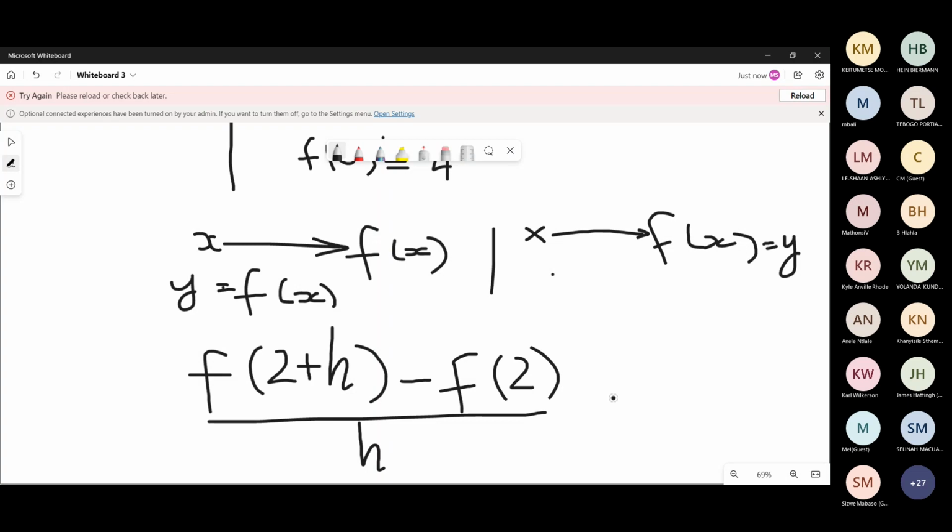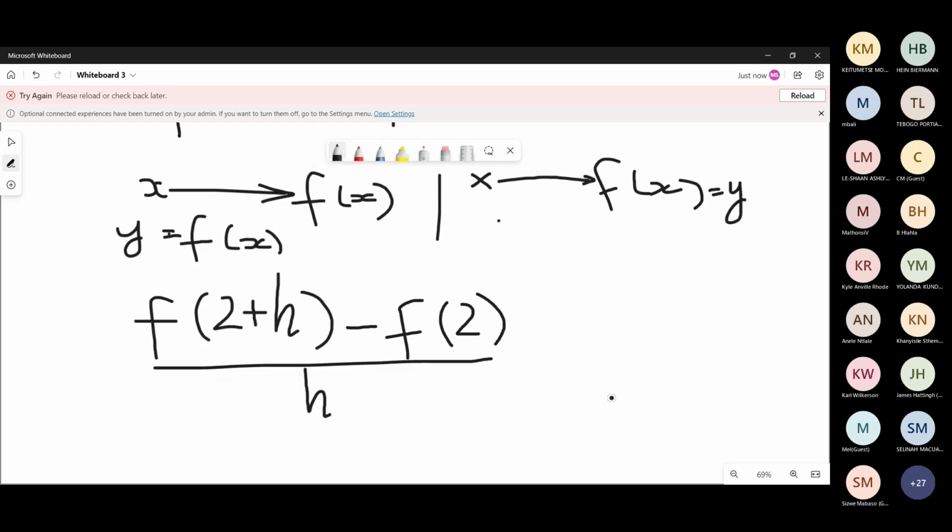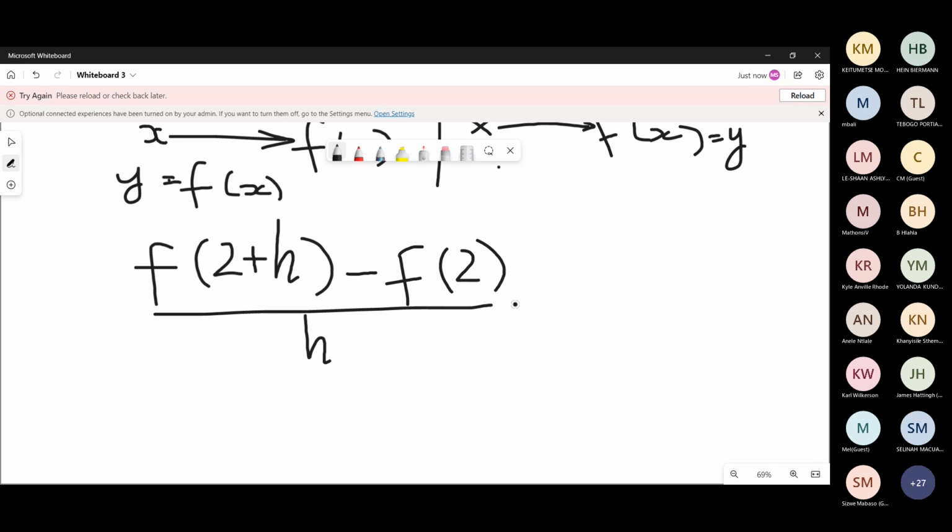Let's first compute this value. What is f of 2 plus h? Here, assume h is any number. What is f of x again? Anybody, please answer. What is f of x? I hope you can hear me.